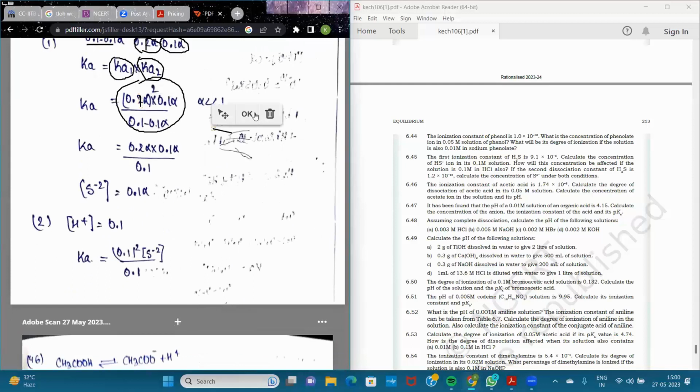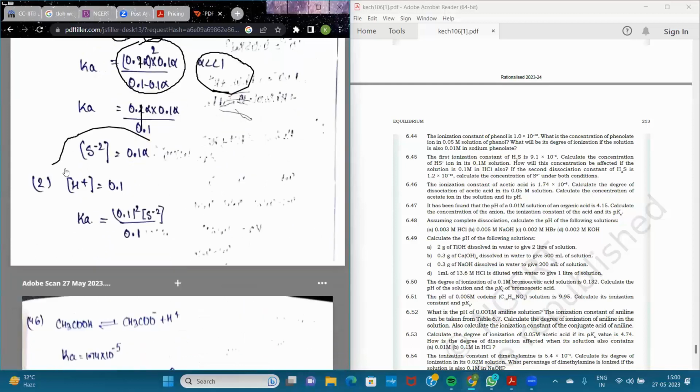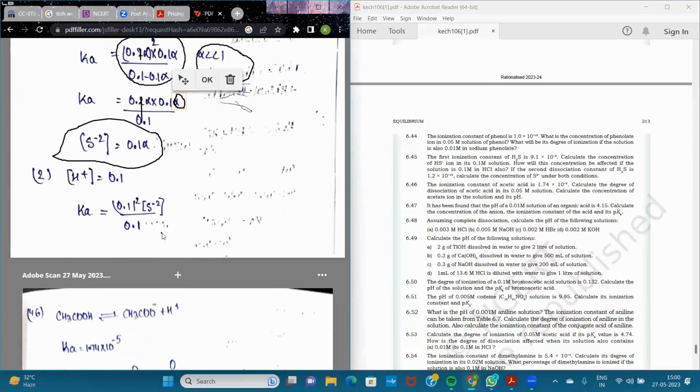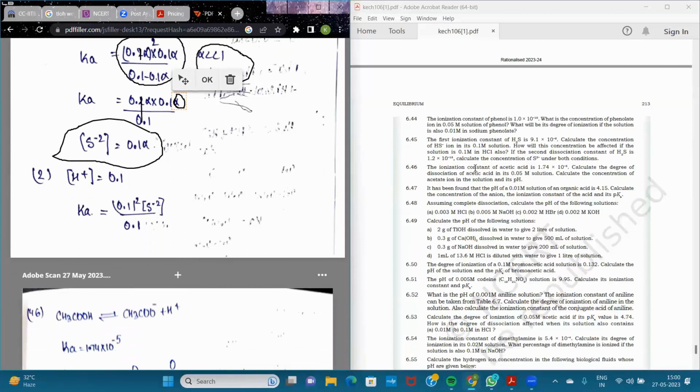Alpha is very small, so we'll neglect that. From this relation, we'll get the value of alpha. And from that, the S minus 2 concentration is 0.1 alpha. By substituting alpha, we'll get the concentration of S minus 2. In the second condition, they gave that the solution is present in 0.1 molar HCl.